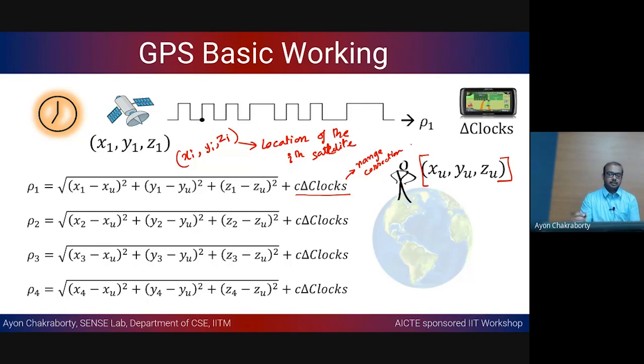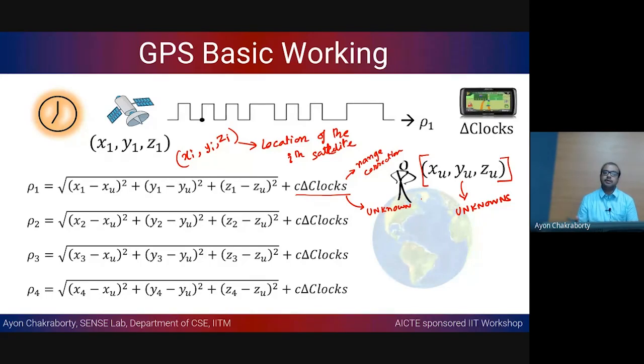We have XU, YU and ZU, and apart from that this is also unknown, because this is not very predictable, how your system is continuously drifting, because of hardware issues or the temperature that is continuously varying. Some of these oscillators are going to perform very non-linearly, and that is going to introduce some kind of clock drift in your system that is really not under our control. And the only way is to figure that out in a different way.